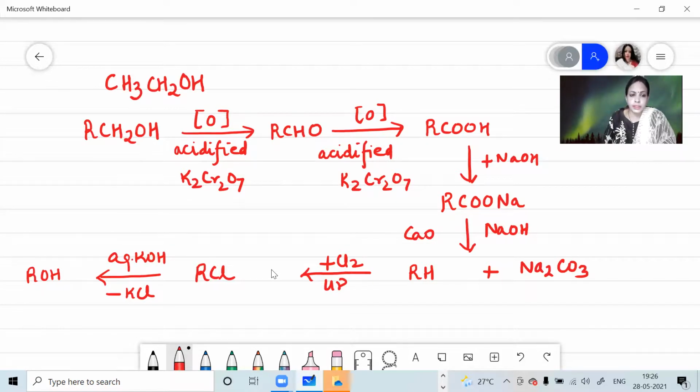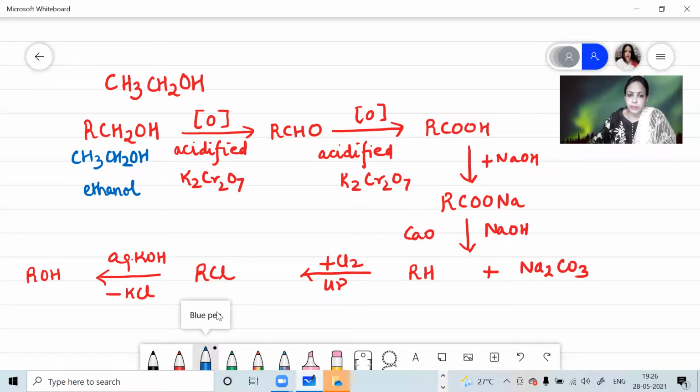Now we will take the example of CH3CH2OH and we will see how the reaction goes about. Now this CH3CH2OH ethanol, when this ethanol is treated with acidified K2Cr2O7, it will undergo the process of oxidation and it will form an aldehyde CH3CHO.